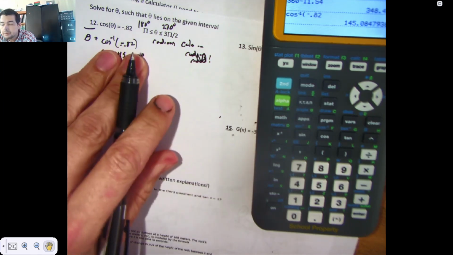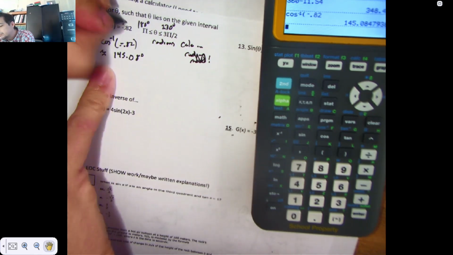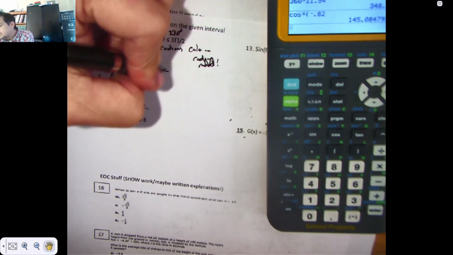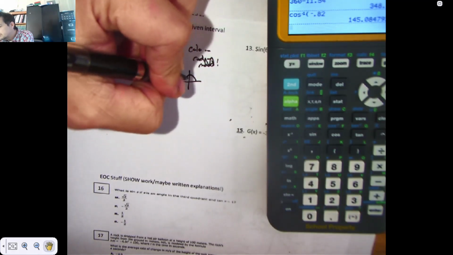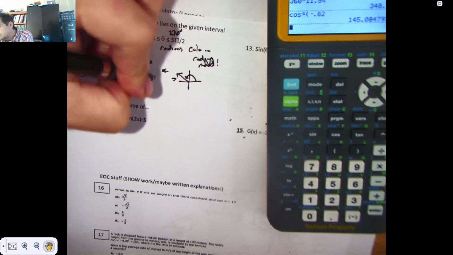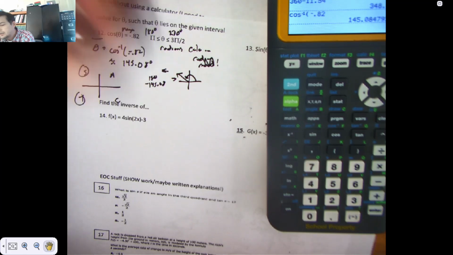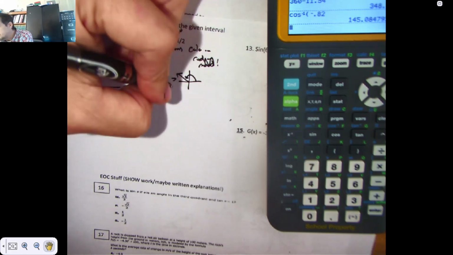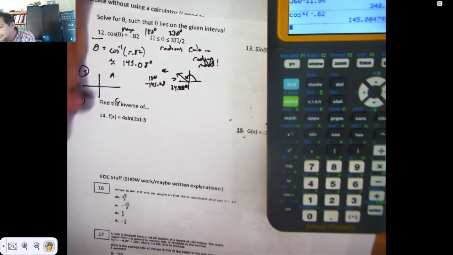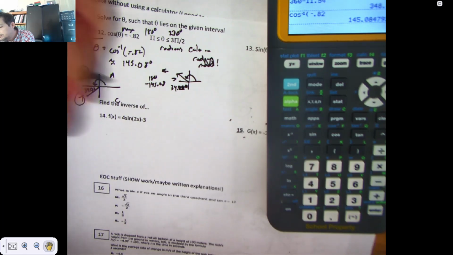This isn't it. This ratio is negative. I can either be in one of these two quadrants. Now, if I think about drawing just this angle, I can find a reference angle. This is 180 minus 145.08, which is 34.92 degrees. So I'm going to draw the 34.92 degree angle here, and then I'm going to add 180.